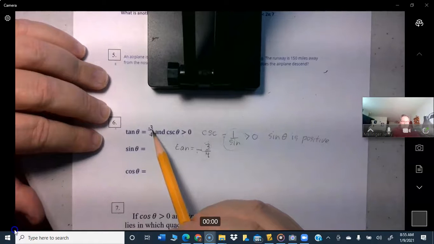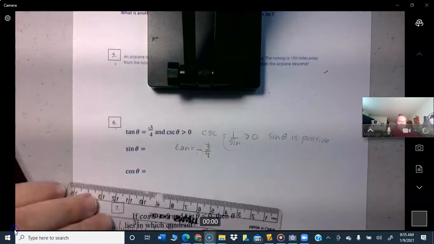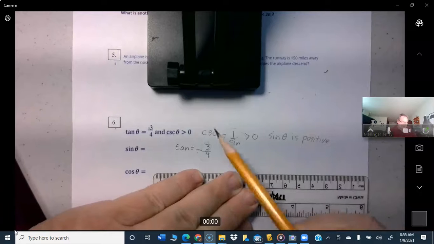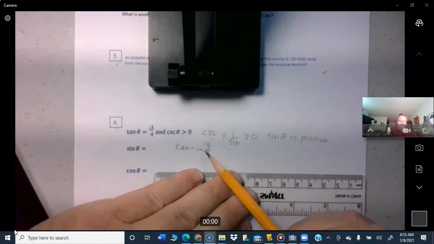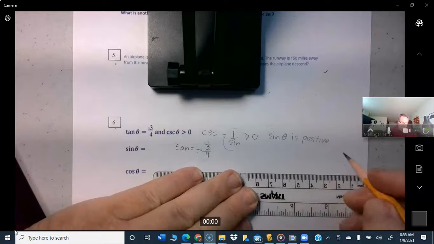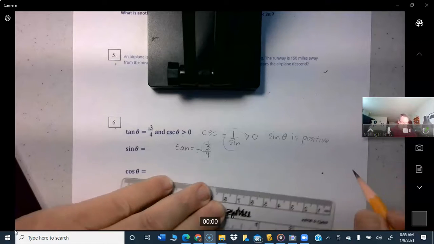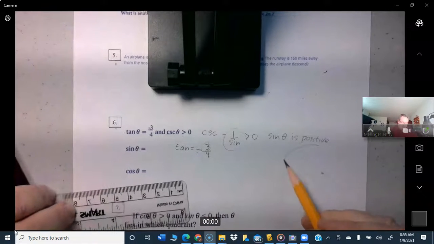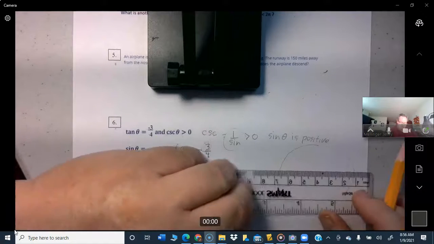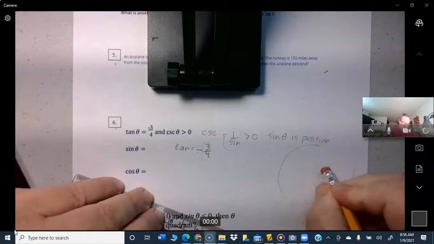Alright, so in order to do this, we're going to draw a triangle. I'll do it over here. That has a sine of 3 and a cosine of -4, since we now know which one has the positive, which one has the negative. So let's say this is our origin, and let me just sketch a circle around it. Let me put the dot in the middle.